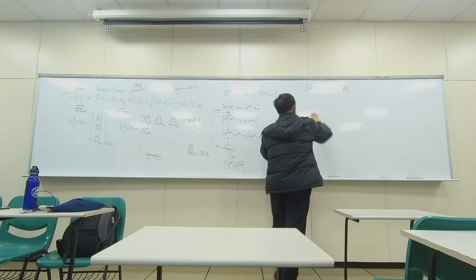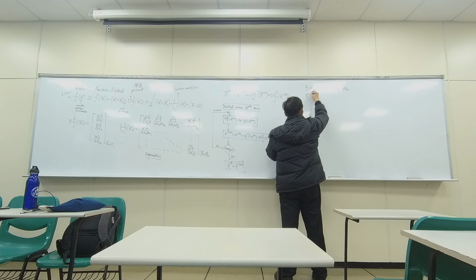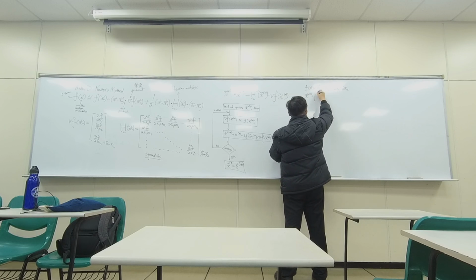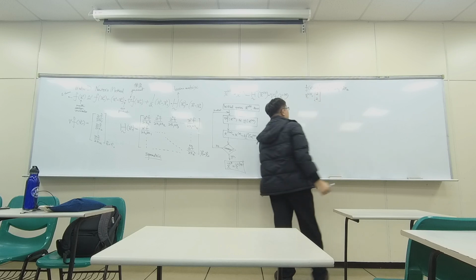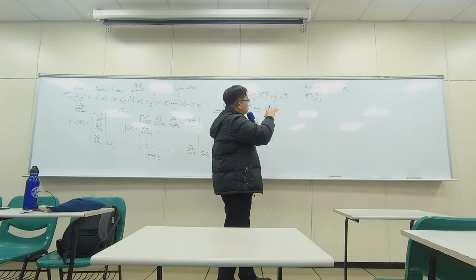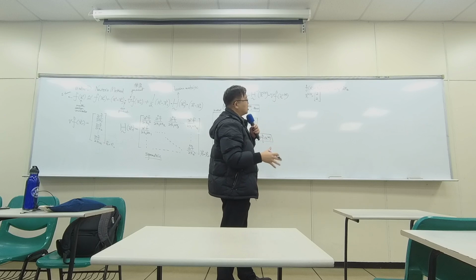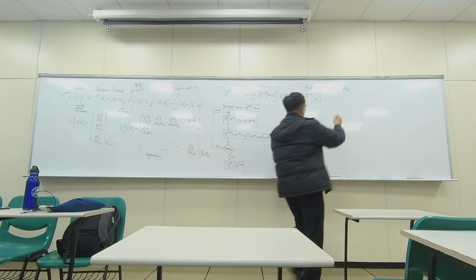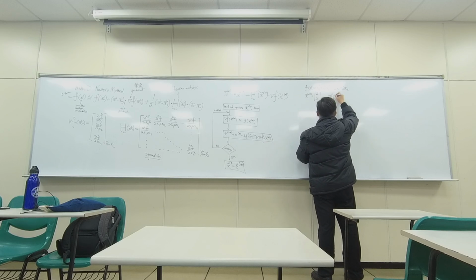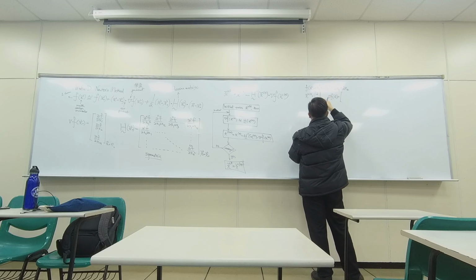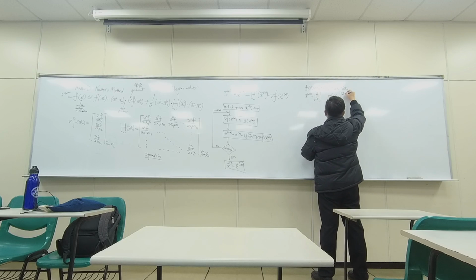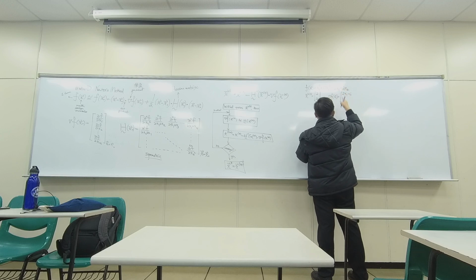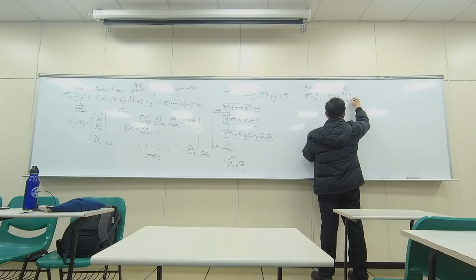Okay? My initial guess this time has to be a vector, so let's say 2 and 2. Along the process, I will need my gradient. So it's going to look like the partial derivative with respect to x1: 2x1 minus 6. With respect to x2: 20x2 plus 2.